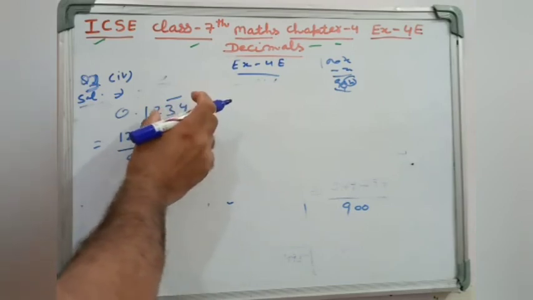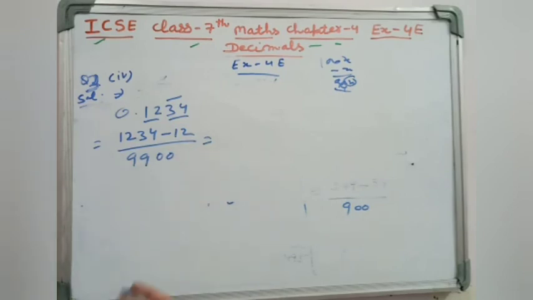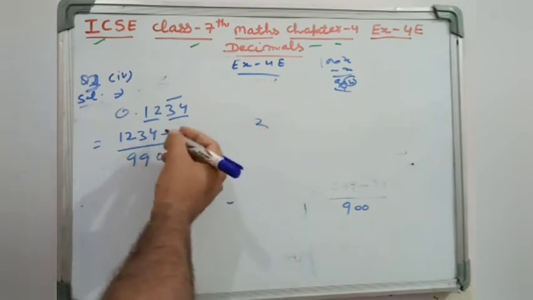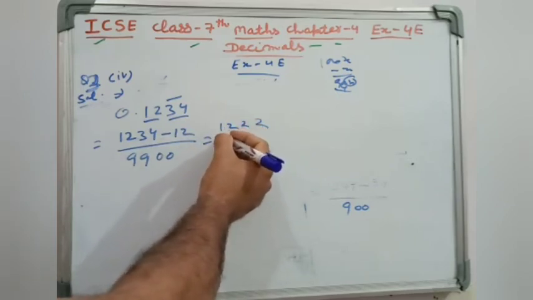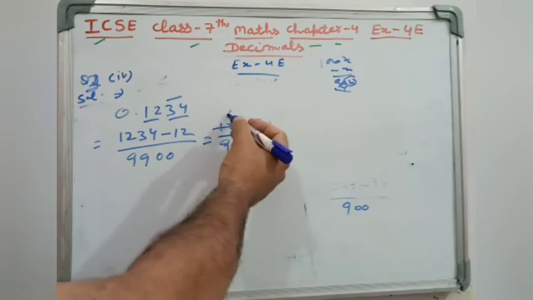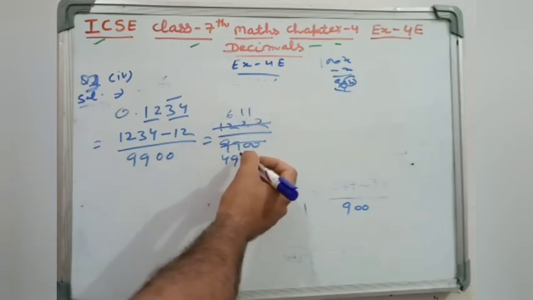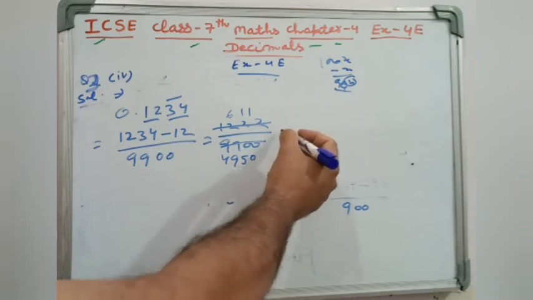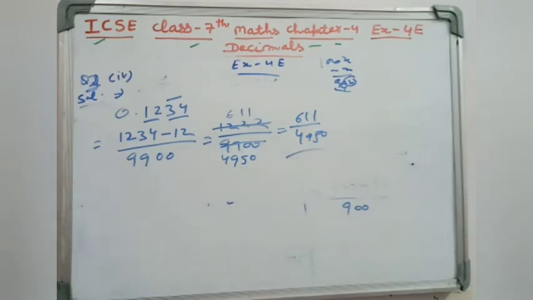There are 4 digits in total, so complete them by putting 0s. So 1234 minus 12 is 1222, over 9900. This can be cancelled by 2 to 611 upon 4950. So this is our answer, 611 upon 4950. Right students, so we have done all the questions of exercise 4E.